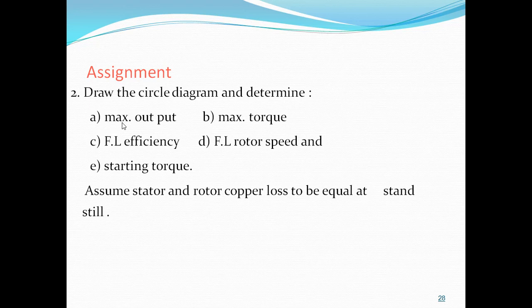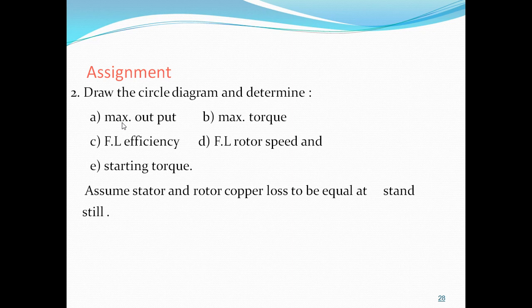Note down this, everyone, and do this problem, and if you have any doubt you can ask me, we can discuss in the next class. So what you have to do for this one: first you have to calculate I naught. Next, from the blocked rotor test, ISN, that is short circuit current corresponding to normal voltage.